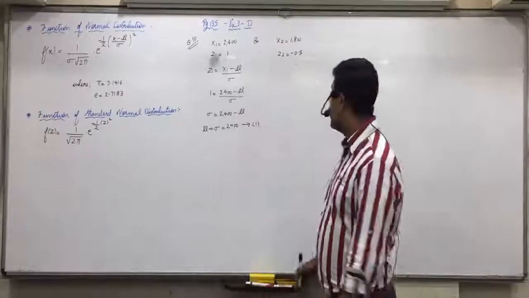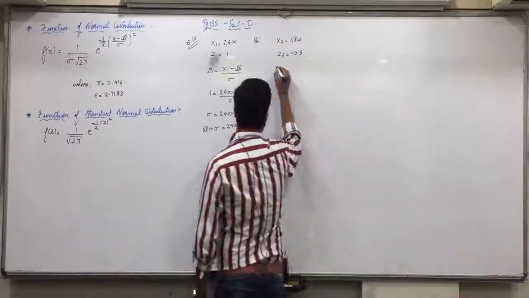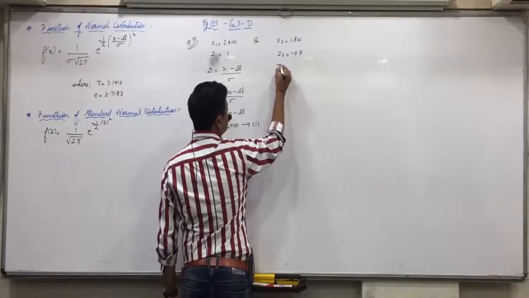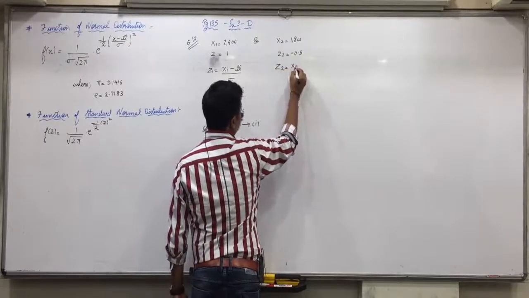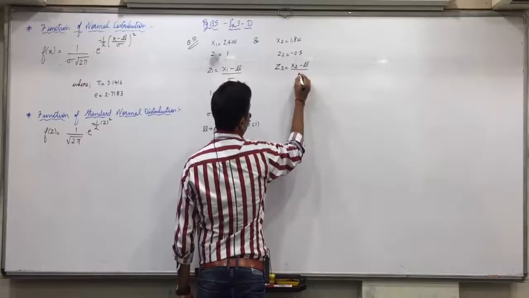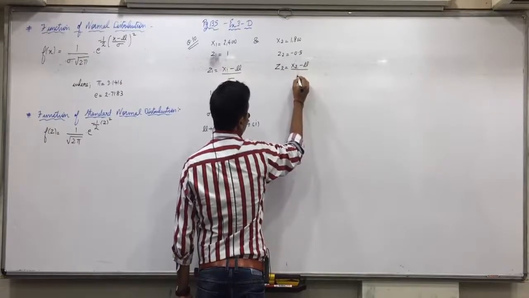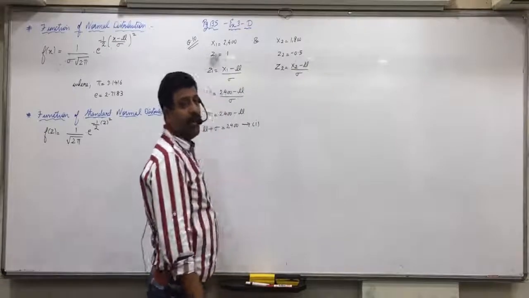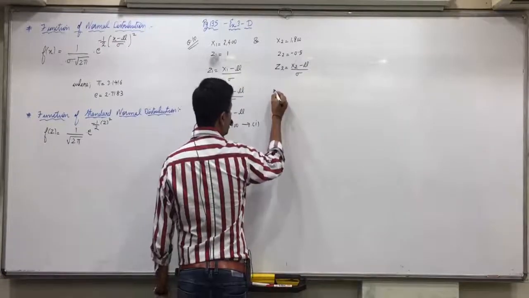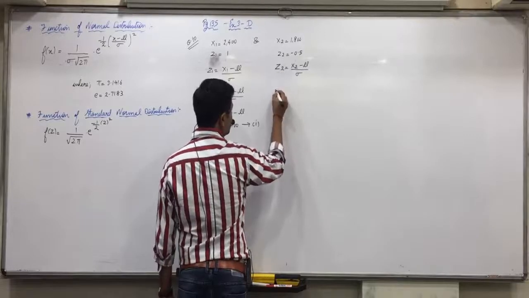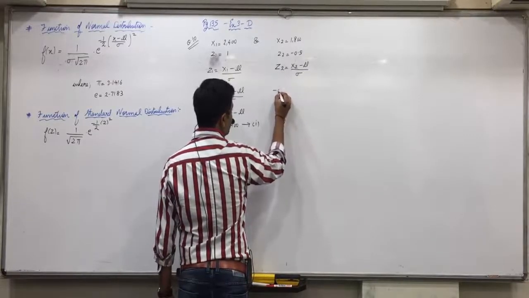Understood this? Same way from x2 and z2 we will get the second equation. z2 is equal to x2 minus mu upon sigma. Further, z2 is minus 0.5.